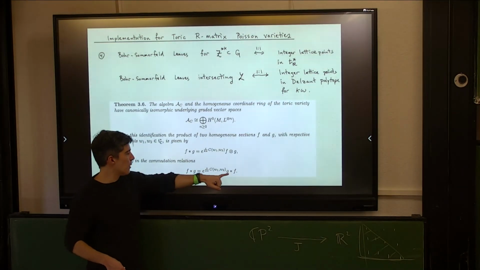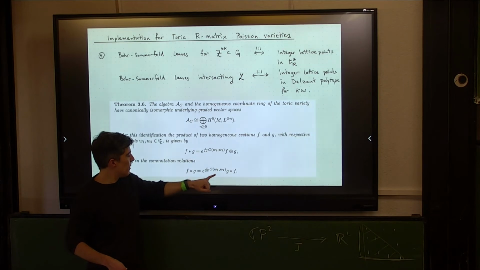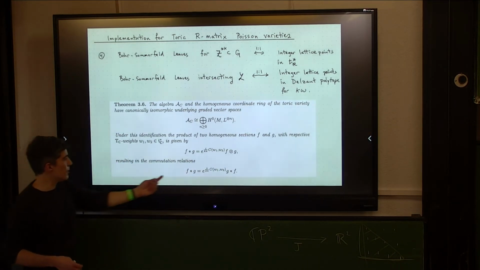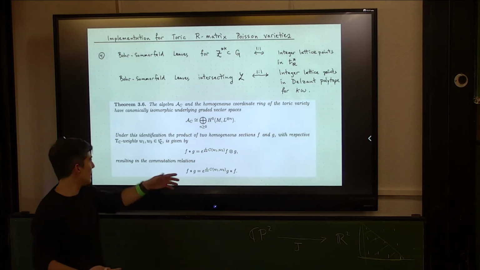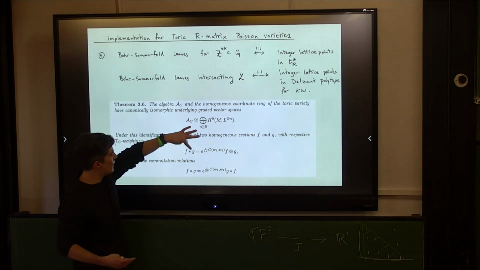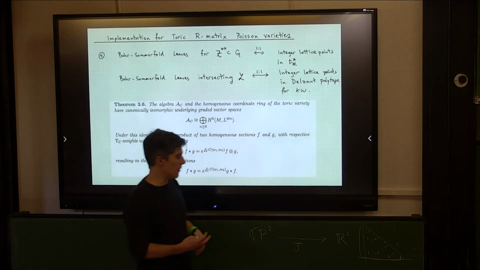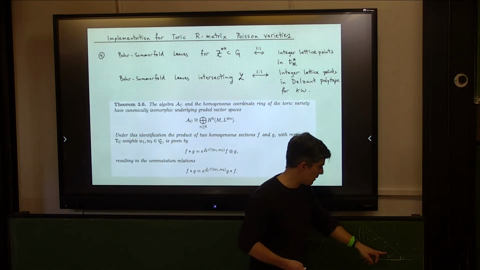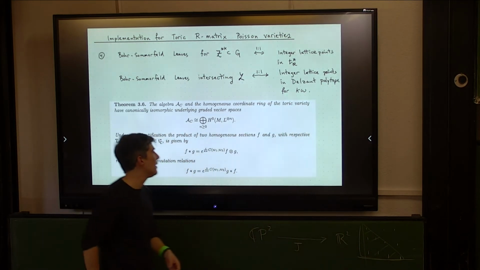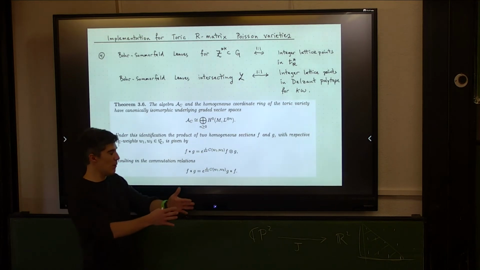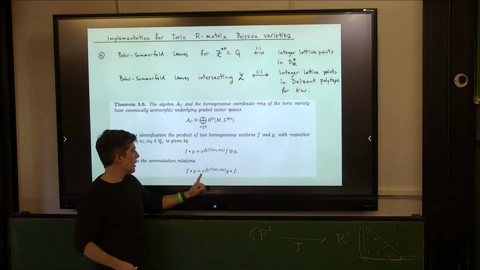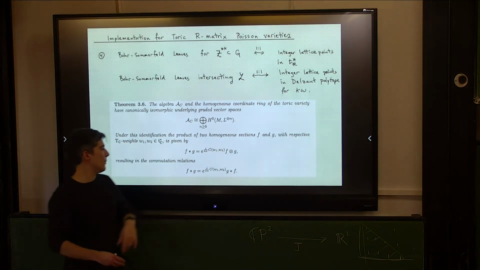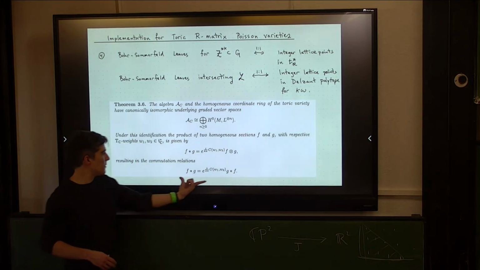F star g is not equal to g star f, but it's modified by the exponential of the R matrix, which depends on the weights of f and g. I'm choosing a basis for the functions on CP2 corresponding to these integer lattice points. These are the monomials, and the monomials have certain weights. You plug the weights into the R matrix, and you get your factor.